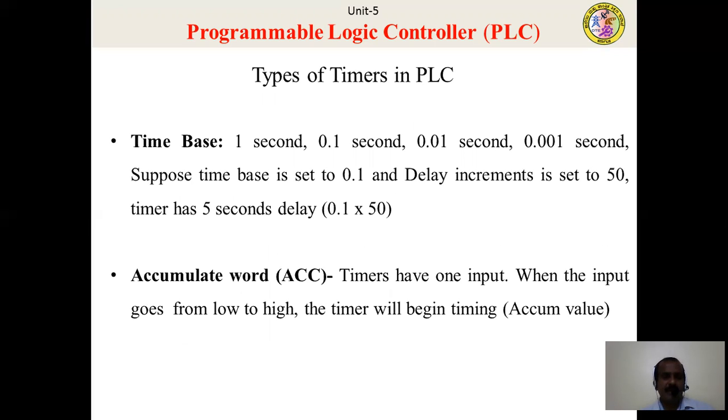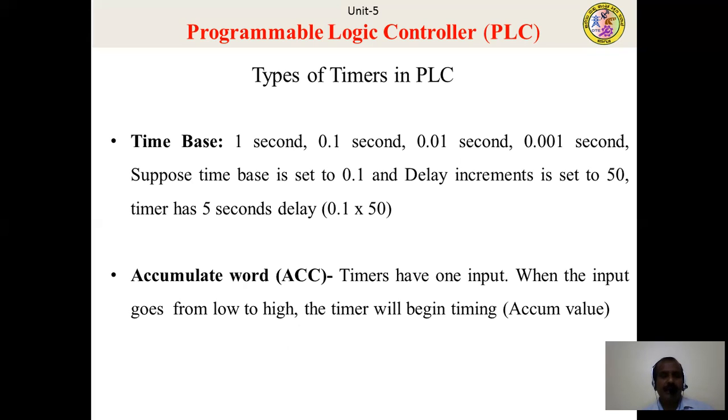What is time base then? 1 second or 0.1 second, 0.01 second, 0.001 second is the time base. Suppose we set the time base to 0.1 and the delay increment is set to 50. Timer has got 5 seconds delay. That is 0.1 into 50 is nothing but 5 seconds.